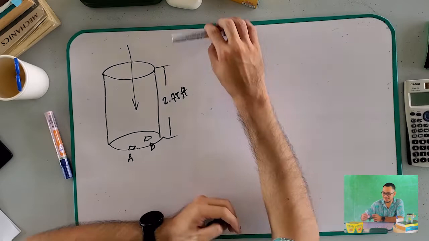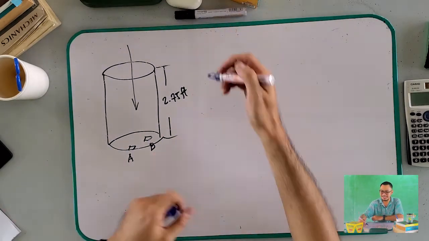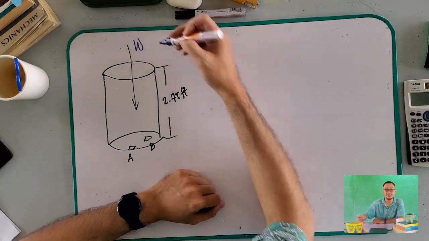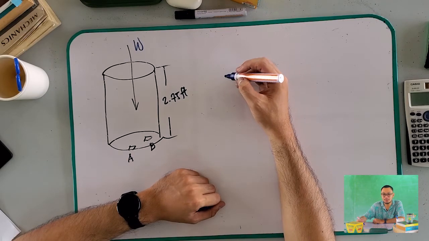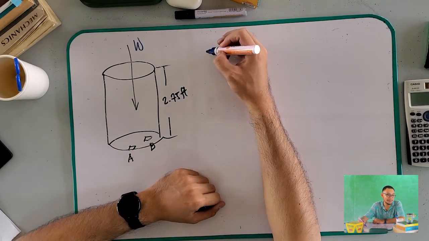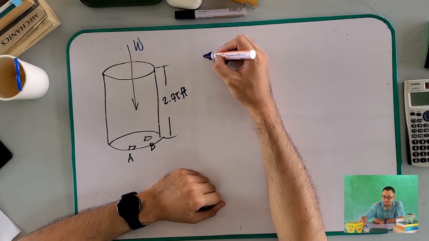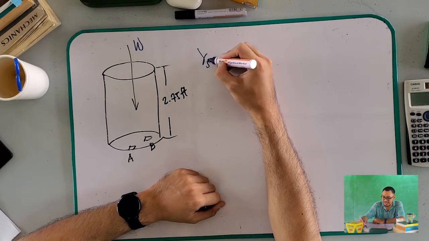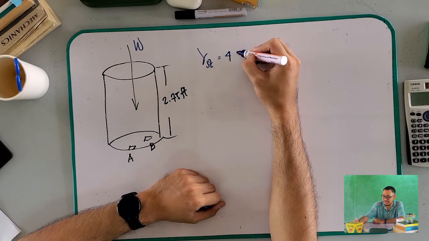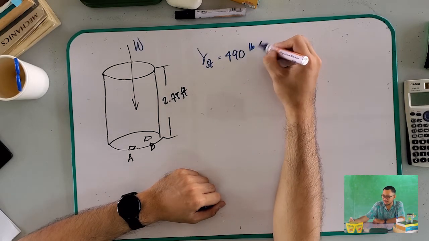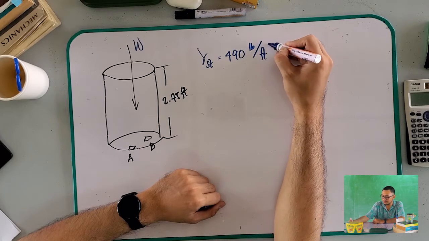Okay. So, unsa man nato pagguha sa weight ani nga portion sa cylinder? Ato pangitaon una is ang weight aning atong cylinder. So, to get the weight of the cylinder, ang gihatag nato diri kay ang specific weight, which is gamma ST is equal to 490 pounds per cubic feet.